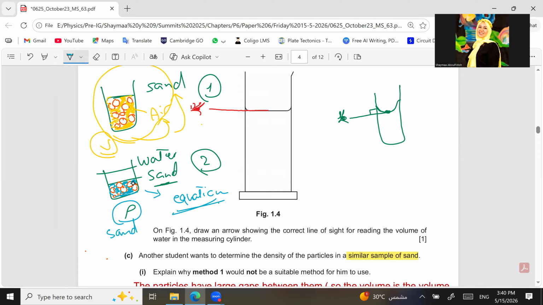Here you have to know that the gaps between the sand are filled with water, but when I use the equation, I am going to get the density of the sand only without any amount of water. Okay, so which one of them is correct? Our correct method is the second one.